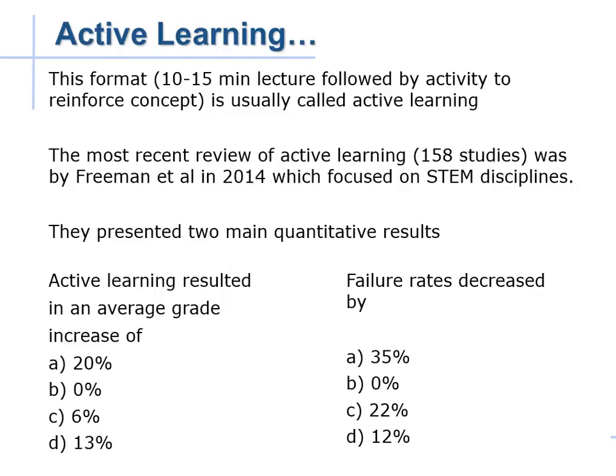It's 3, 6% is the result that they had. Which I guess isn't massive, right? But there are a few other studies where, when you look at a large collection of the literature, there's very clear evidence for any other pedagogy.